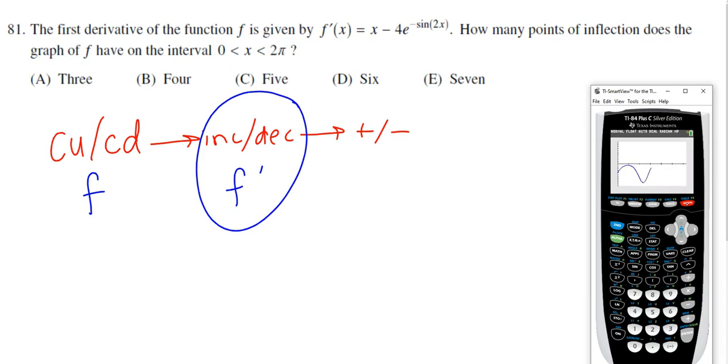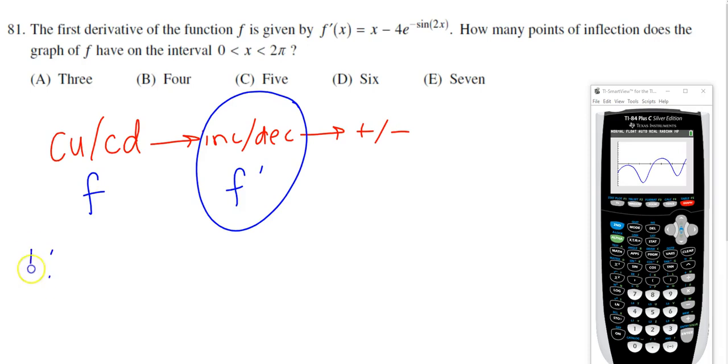Once, twice, 3, 4. Looks like 4 times that f prime changes from increasing to decreasing, or vice versa. So that would mean that f changes from concave up to concave down, or vice versa.